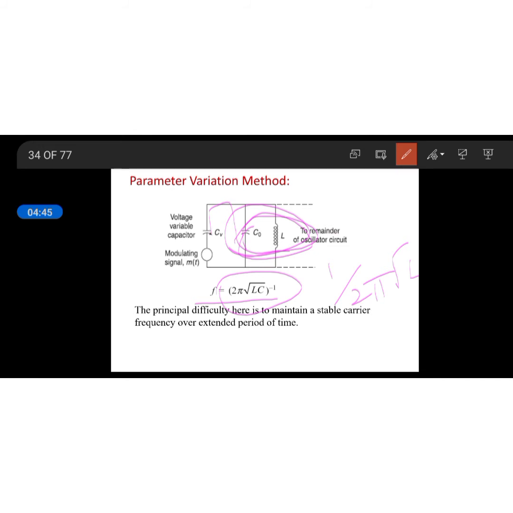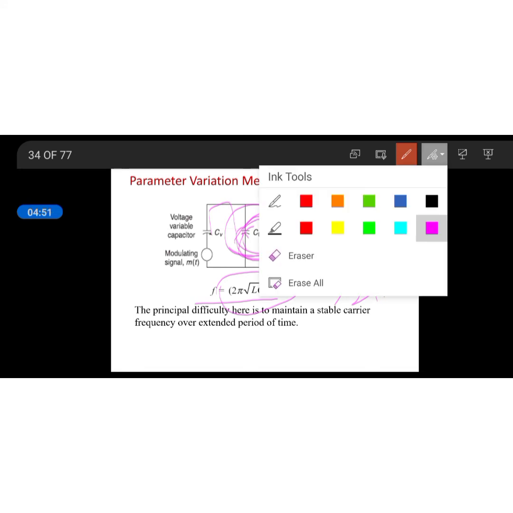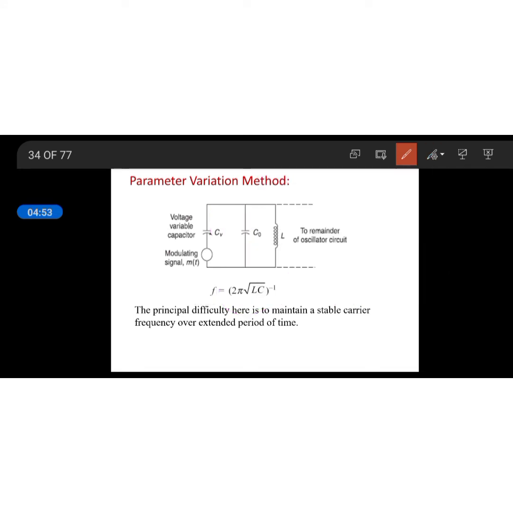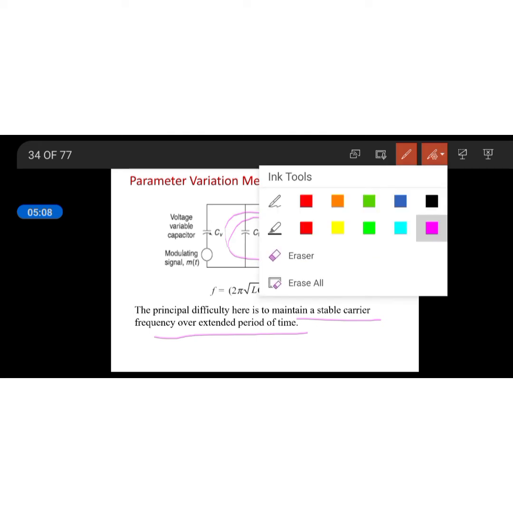Actually the frequency of oscillation of any tuned circuit is 1 by 2 pi root LC. But the primary problem here is to maintain a stable carrier frequency over an extended period of time. For a long period of time we cannot maintain a stable circuit because of the variation in the tuned circuit.